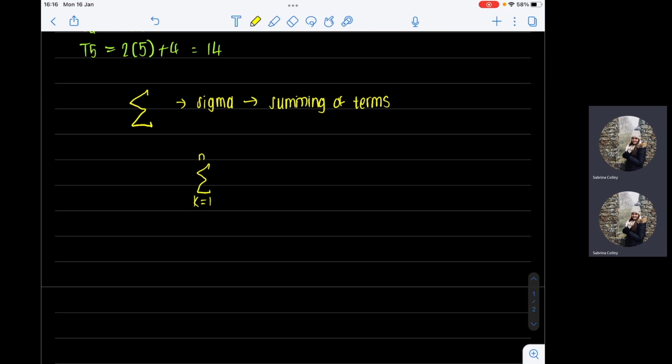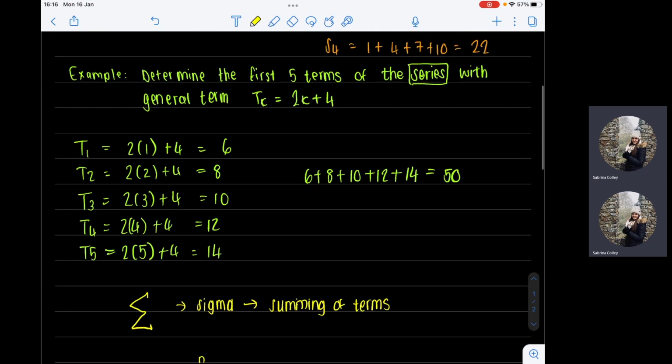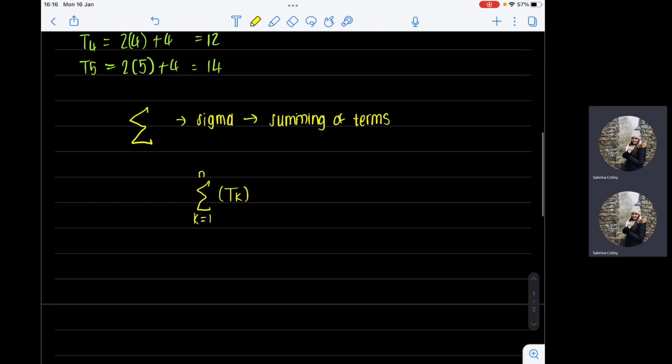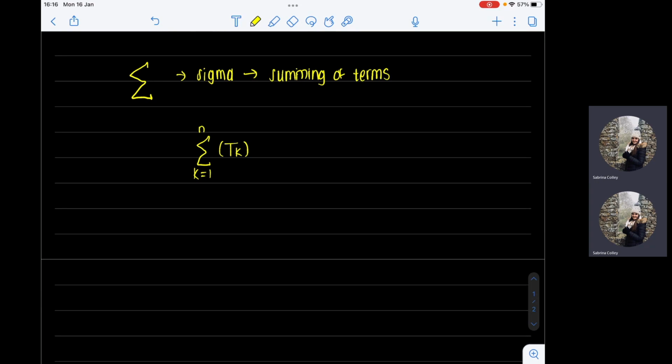This k just determines where we start. So in this case we would start at term 1. And then we would have t_k. All right, so that is your sequence. Like in this example my sequence was 2k plus 4, you would put that there. That might be confusing, but let's just wait until the example.